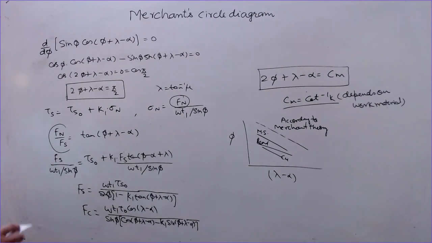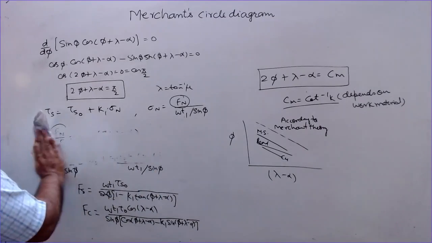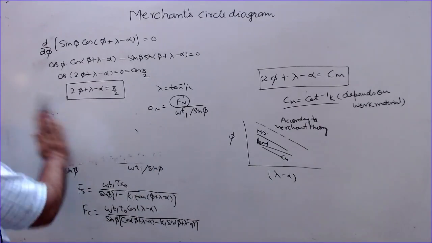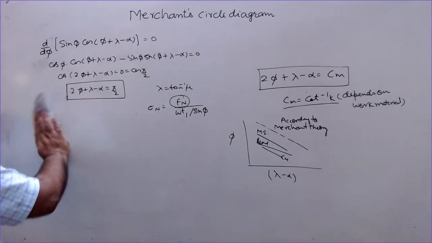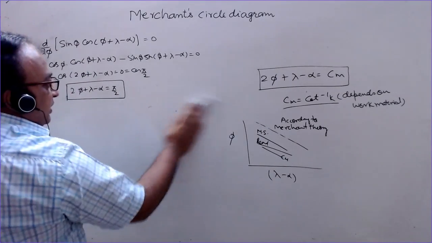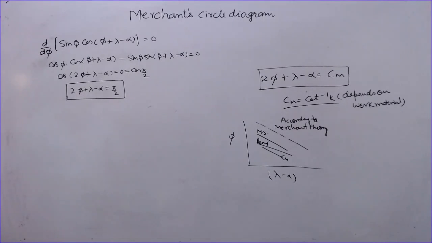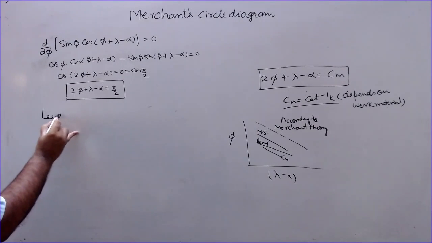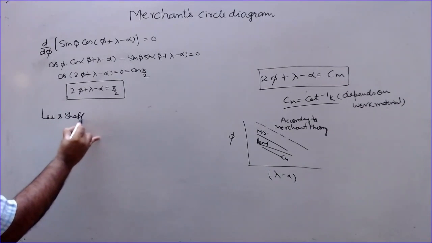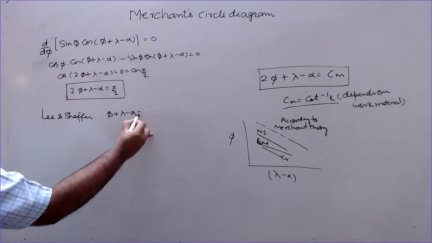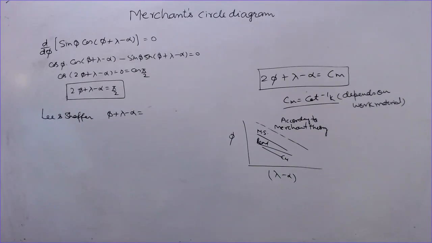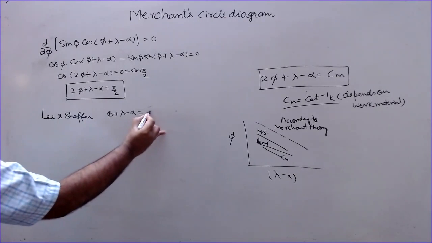There are some other relationships also, two of which we have discussed here. Sometimes you may be asked to use some other relationship, so let me write these here. We have Lee and Shaffer, given by phi plus lambda minus alpha is equal to pi by 4.